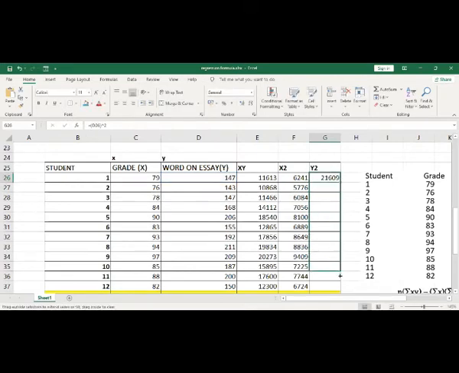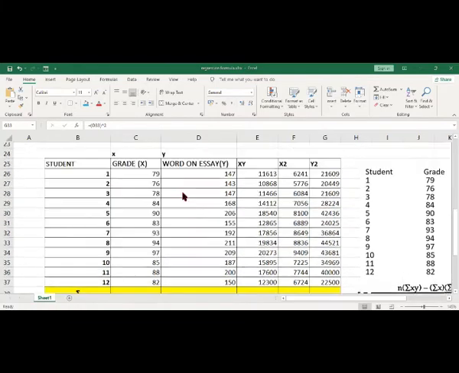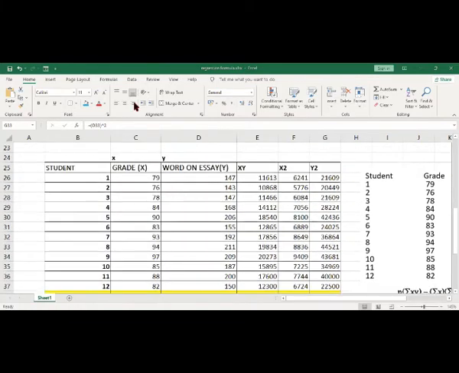Kuha, then drag down. So it means na ni-raise to 2 niya isa-isa yung y. Napakadali. Yun. Kuha. Any questions on this? Dali lang, di ba?